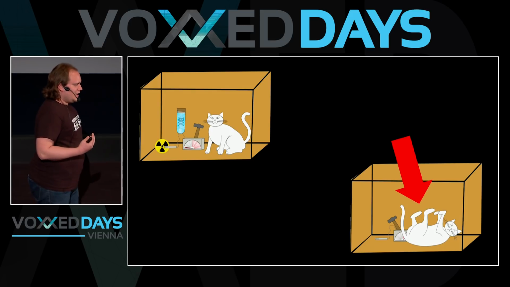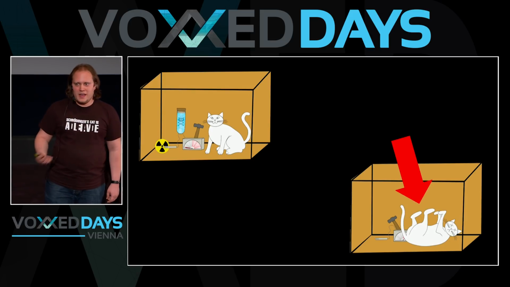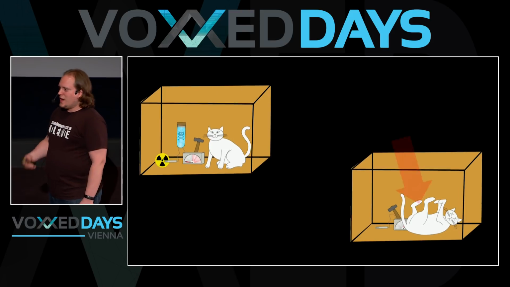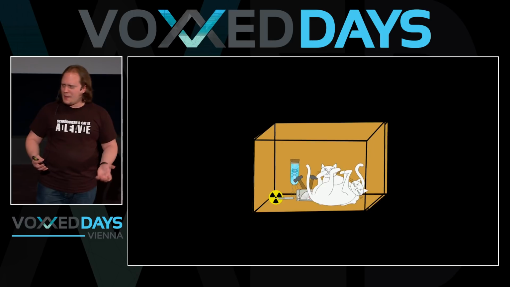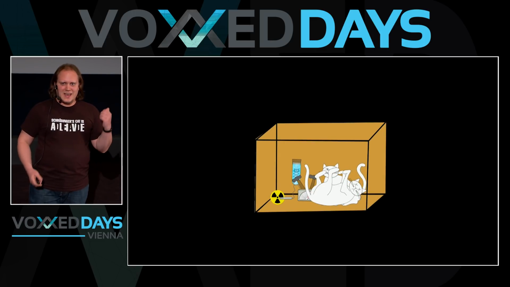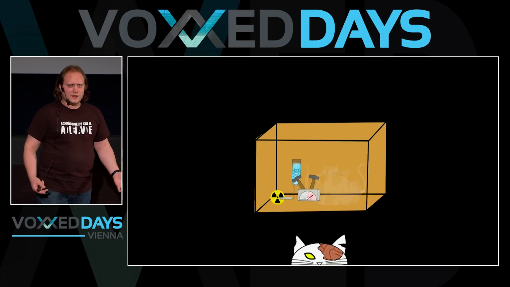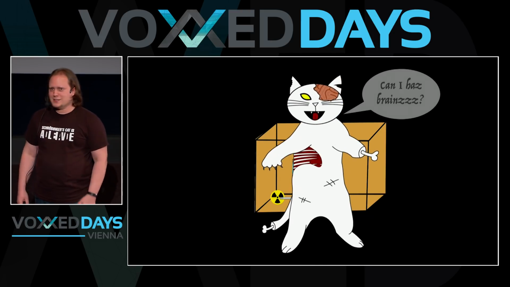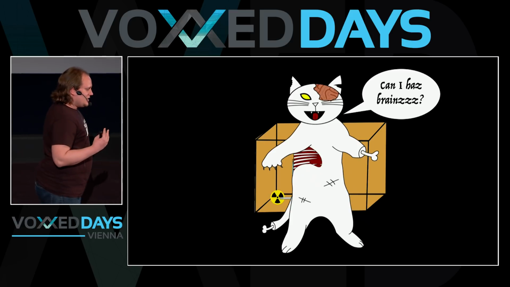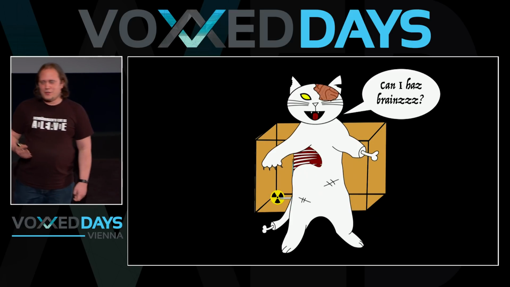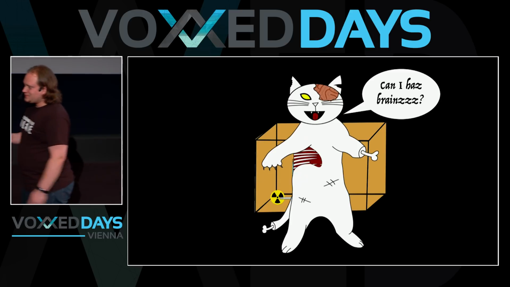And if you believe in the Copenhagen interpretation, you get both of those states. You get them at the same time. They're overlapping. So our cat is dead and alive. So what's dead and alive at the same time? Schrödinger wasn't thinking of zombie cats in this case.